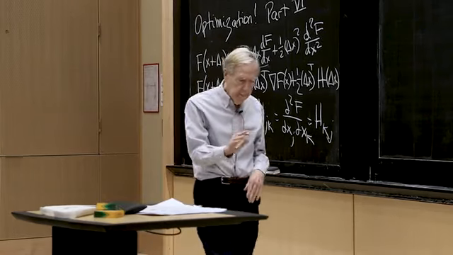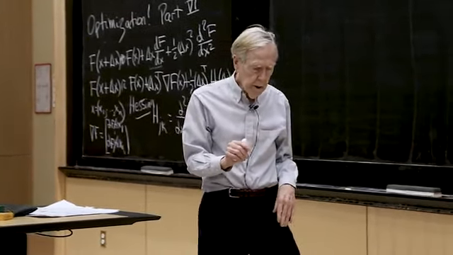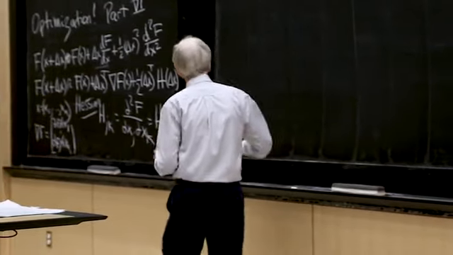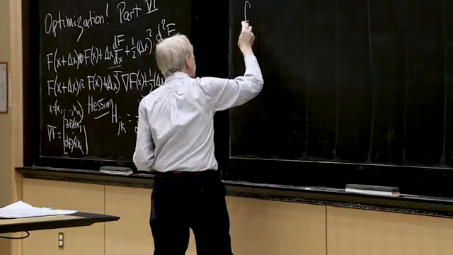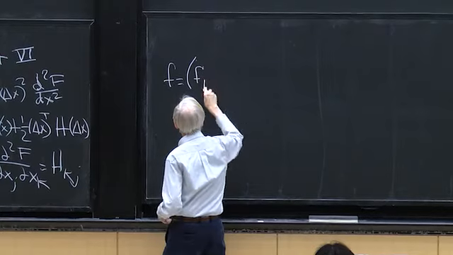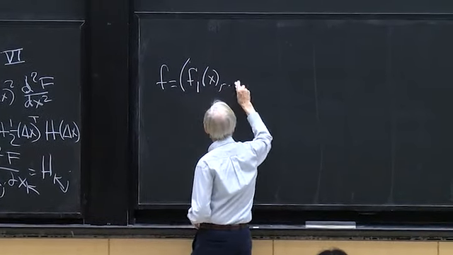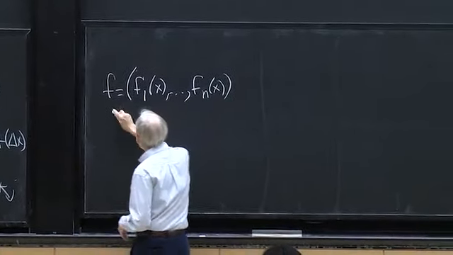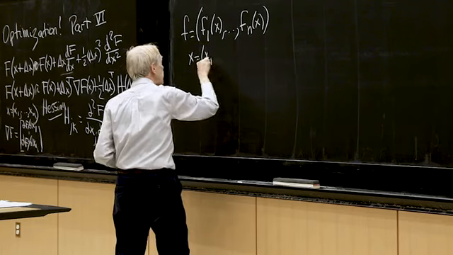There's a parallel picture for a vector f. So now this is a vector function, f1 of x up to fn of x, and x is x1 to xn.